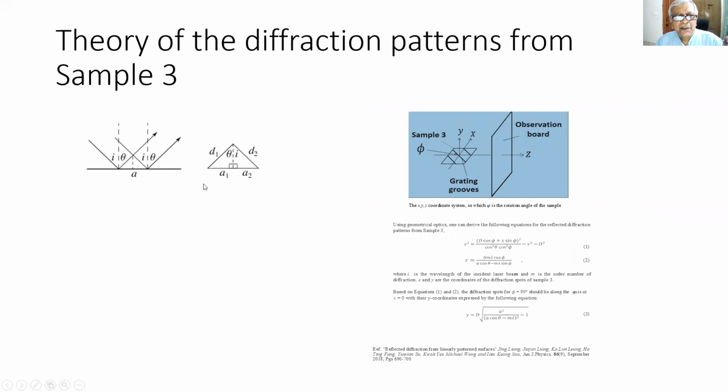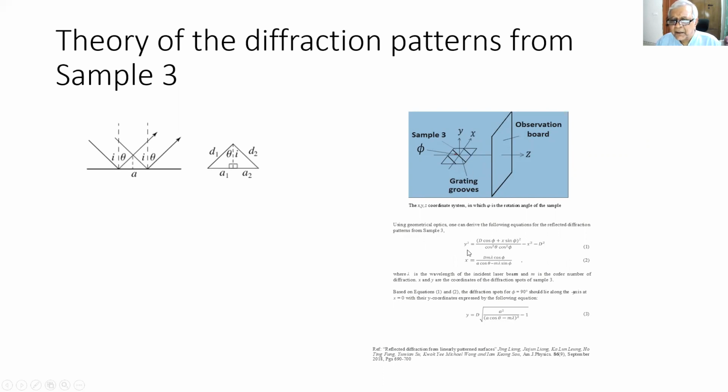So whenever the path difference between two points, for reflection from two different points of the same groove or adjacent grooves, satisfies m lambda, some multiple of the wavelength lambda of the given light, which is of course given as 650 nanometers.